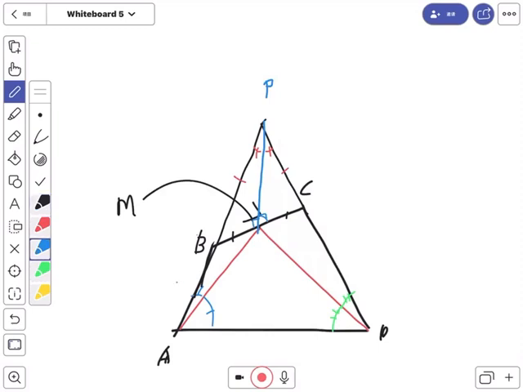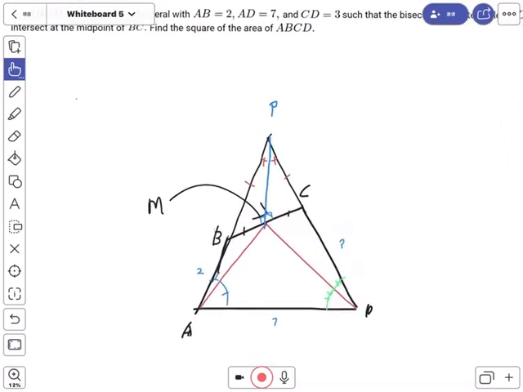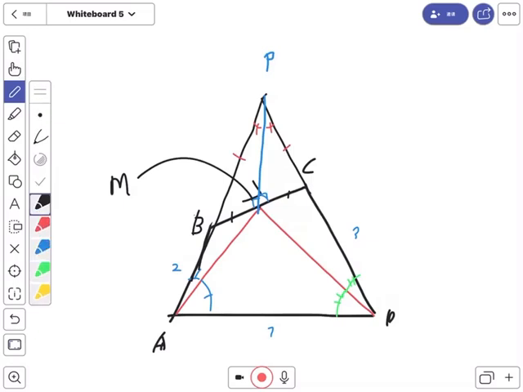Now I just realized that I forgot to write all the side lengths, but it's still not too late. Now what to do next? We still cannot use any of the side lengths that we have. So now we're going to do a little bit of angle chasing. We call this alpha, and this is also alpha. Call this beta, and this is also beta.